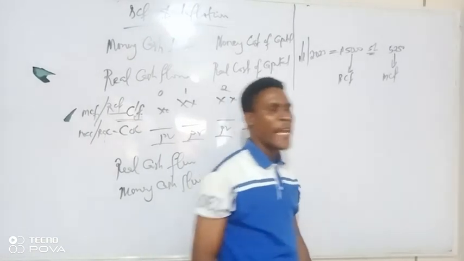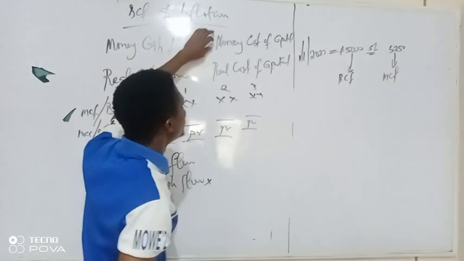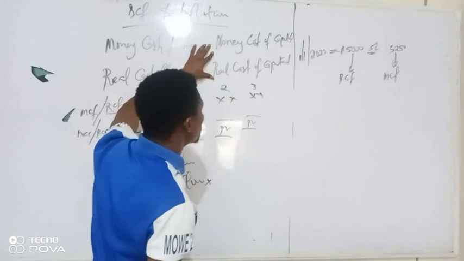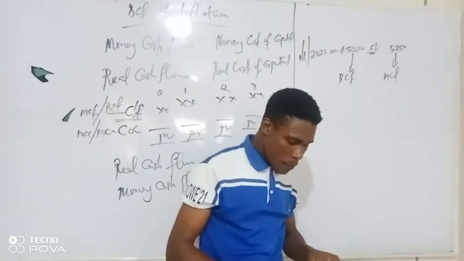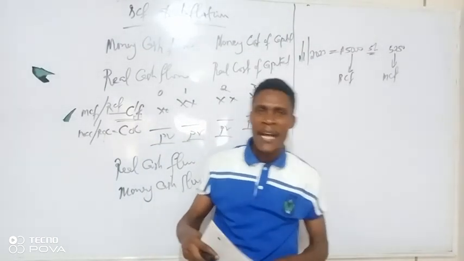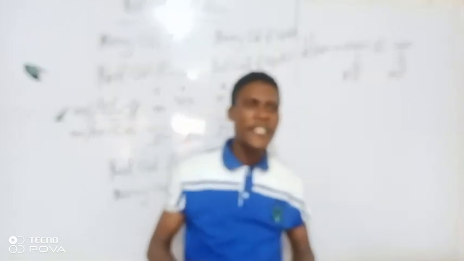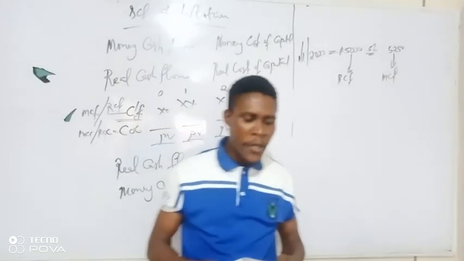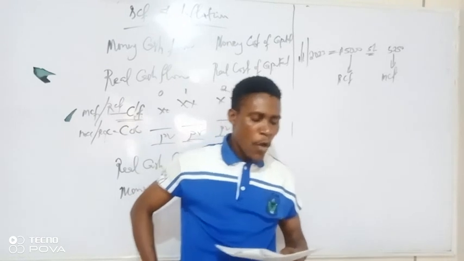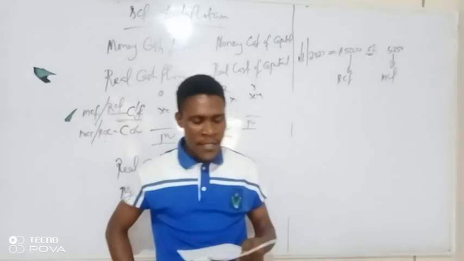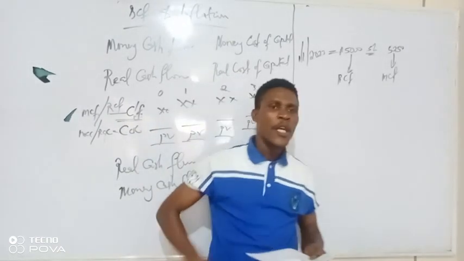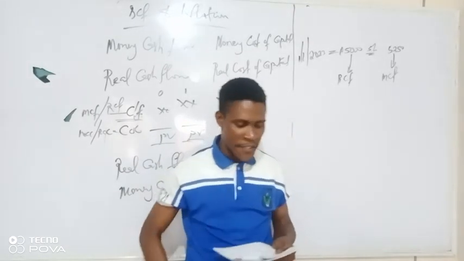The next thing is this: what is money cost of capital and what is real cost of capital? Money cost of capital, page 147 from our part. Cost of capital is explained in detail in a later chapter, which you have discussed already.